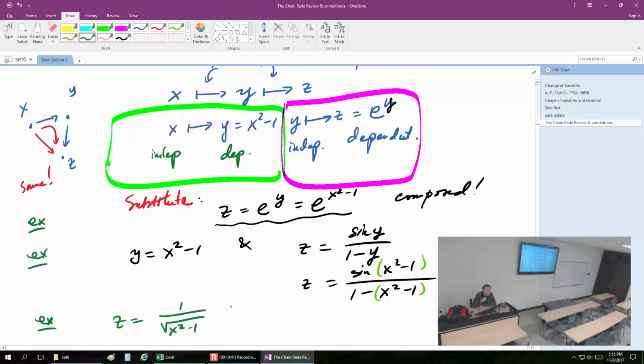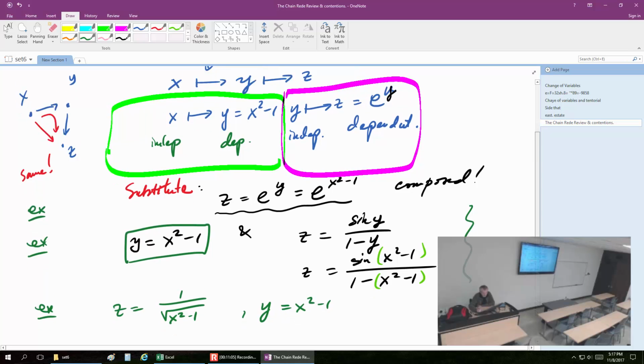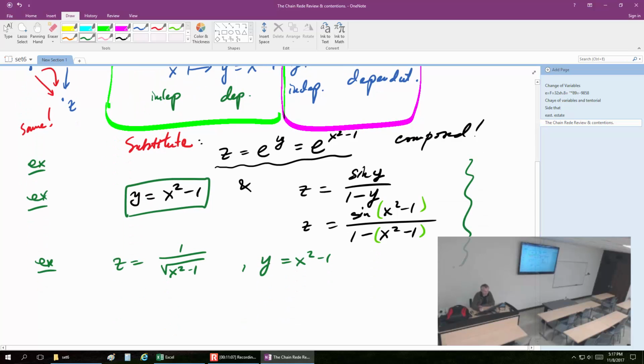Even though we're doing decomposition, it's actually still substitution, except that over here we replaced something simple such as y with something more complex such as x squared minus 1, and now we do the opposite. As soon as we decide what our substitution is, we replace it. y equals x squared minus 1 would be a good choice. So as you can see, we're still doing substitution, except that things become simpler.